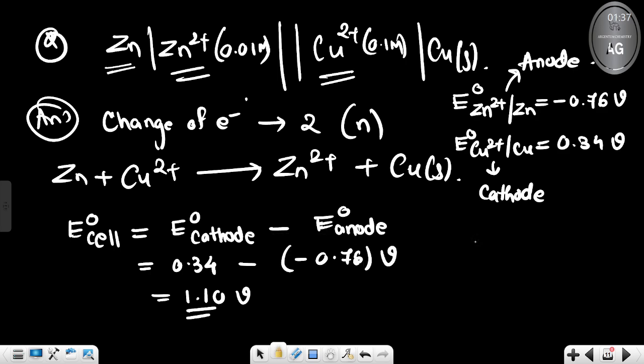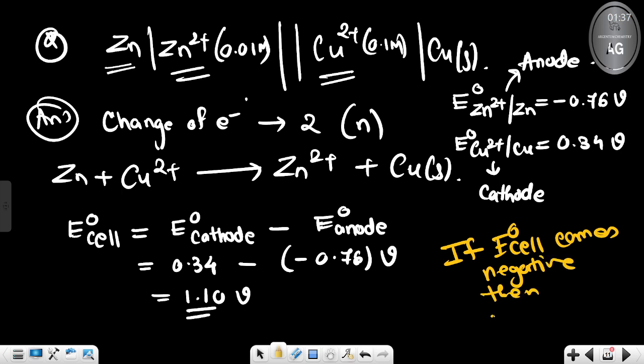Okay. So I am writing over here. If E0 cell comes negative, then interchange cathode and anode. Okay.